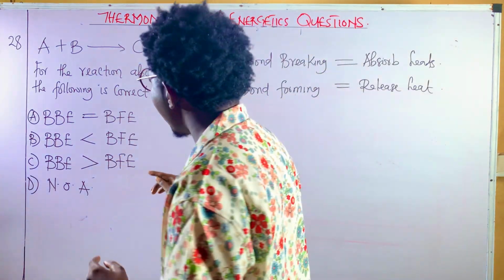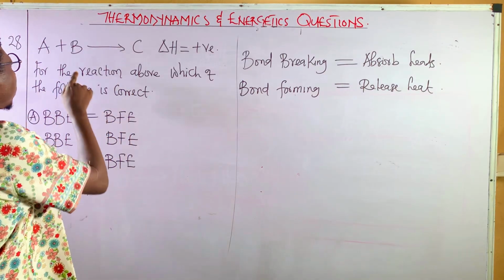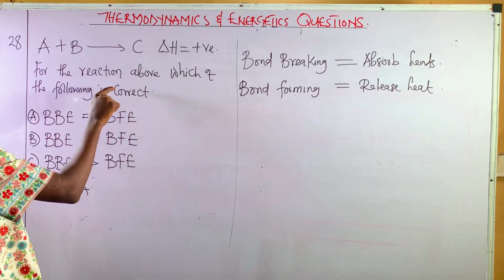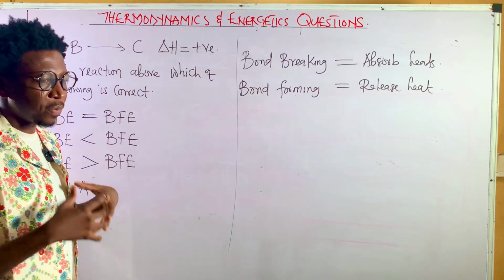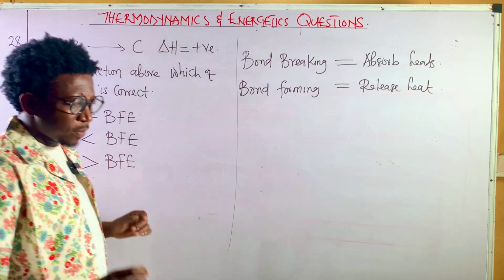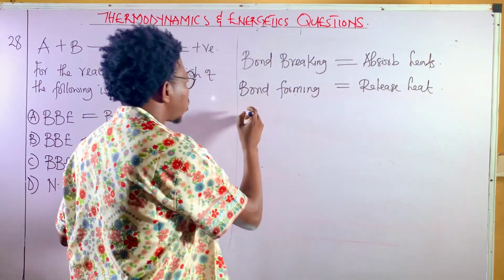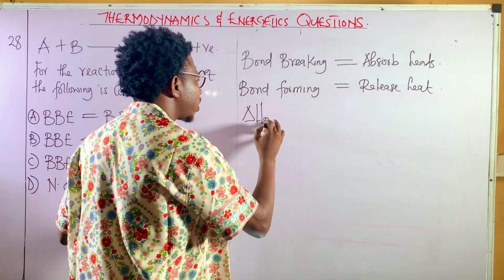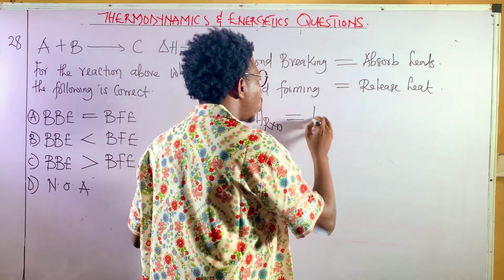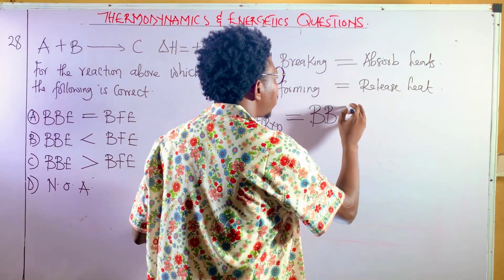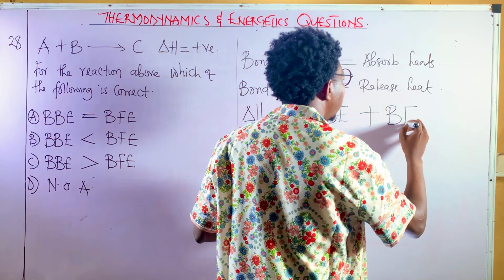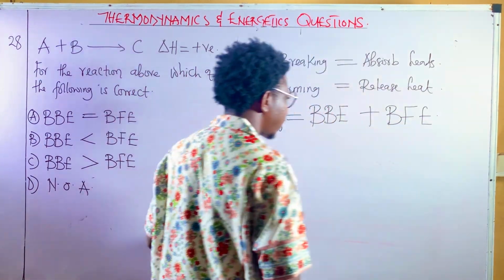Now, for a reaction to occur, usually the reactant will undergo the bond breaking process and the product will undergo the bond forming process, in most reactions. For the overall reaction, the heat of the reaction is equal to the sum of the bond breaking energy plus the bond formation energy.